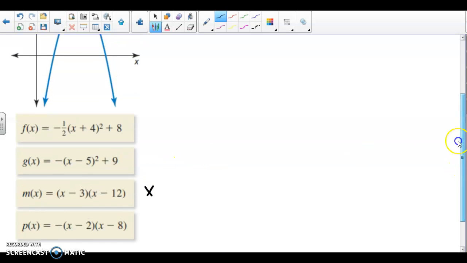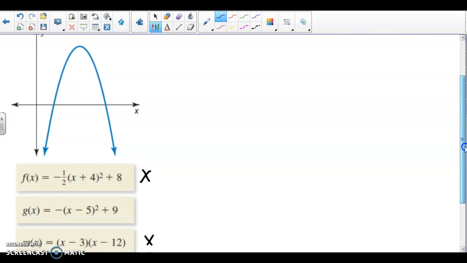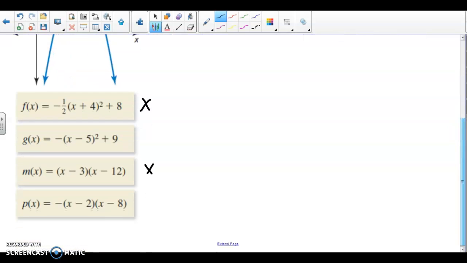The other things we know is we know the vertex is a positive x value and a positive y value. This has a negative x value for the vertex, so I know it's not that one. So we could have this one, and it could be this one, because the vertex for this one, at least the x value of the vertex we know for sure, would be 2 plus 8 divided by 2, which is 10 divided by 2, which is 5.